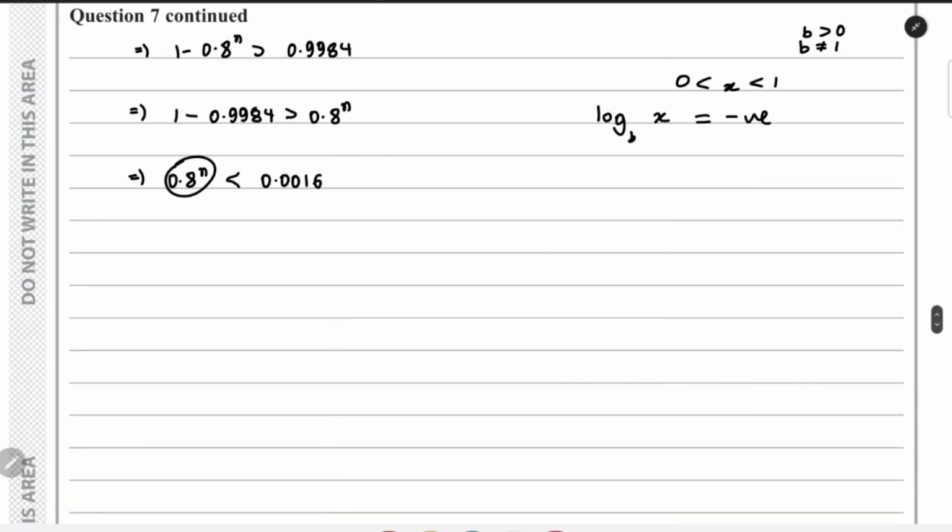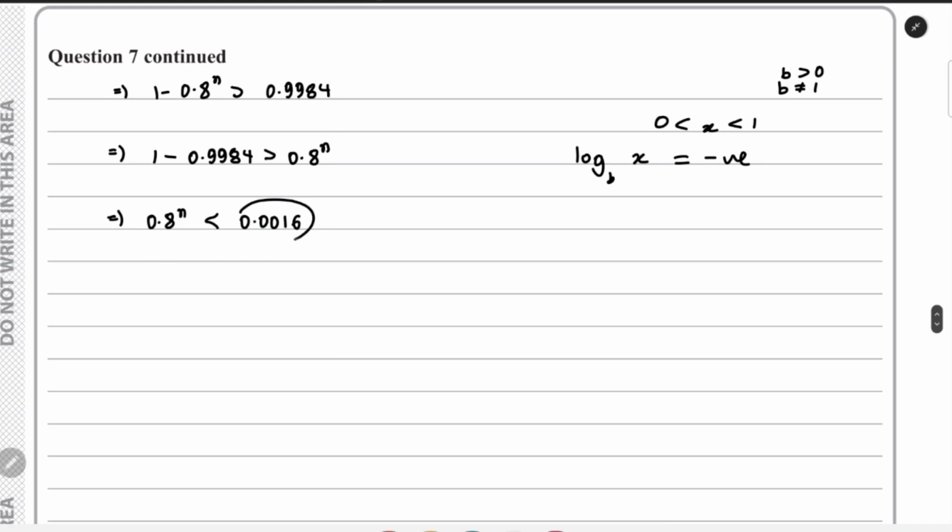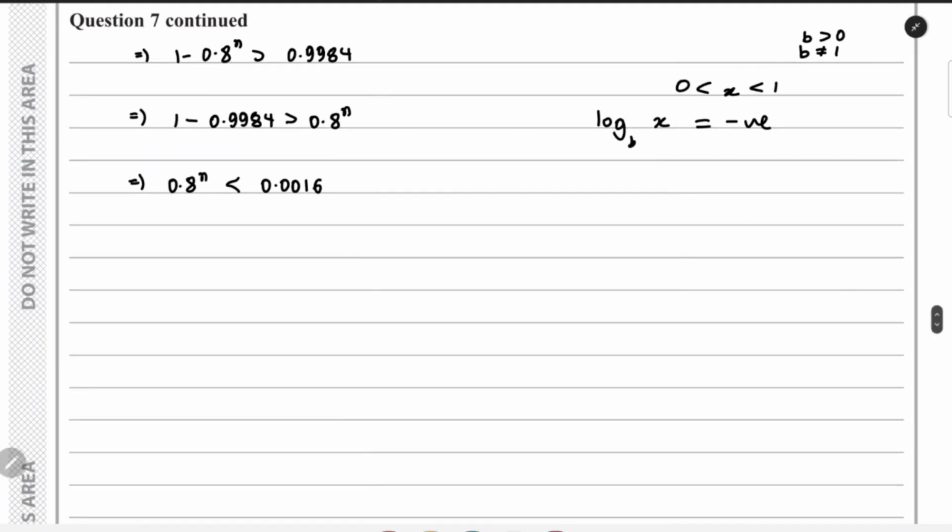So if this positive value turns negative, the sign will flip. This value will also turn negative since this is also less than 1. So both values will become negatives. So the sign will flip over here.